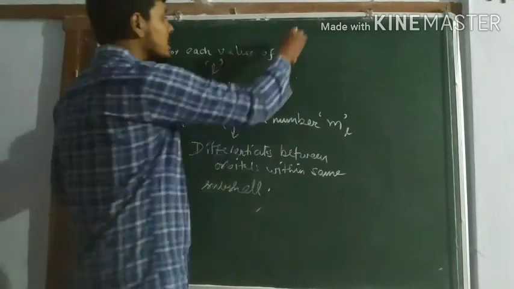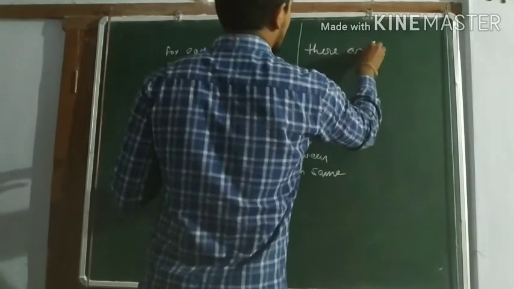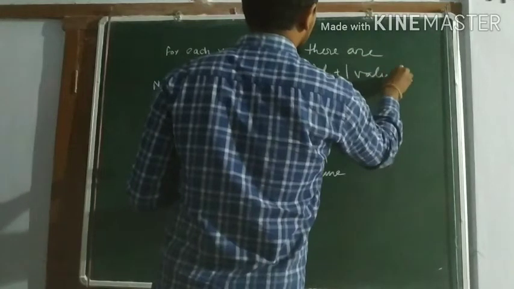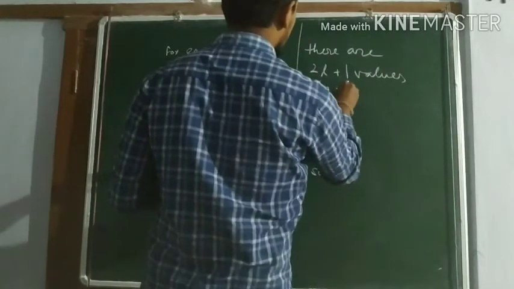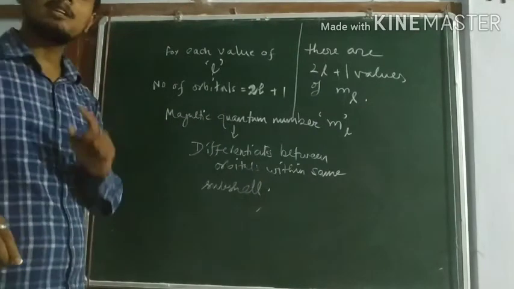So for each value of L there are 2L plus 1 values of ML.